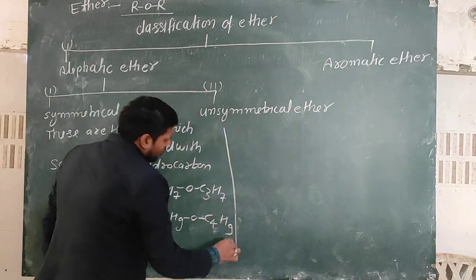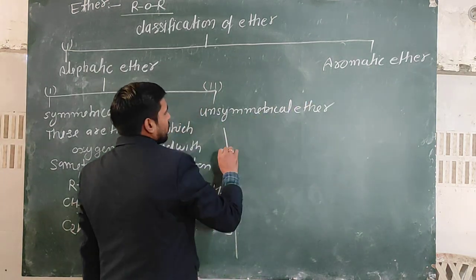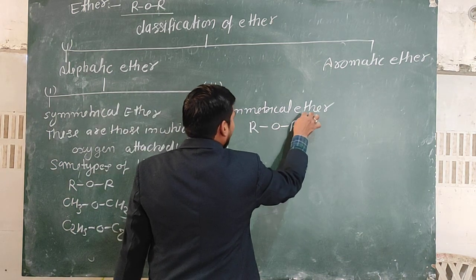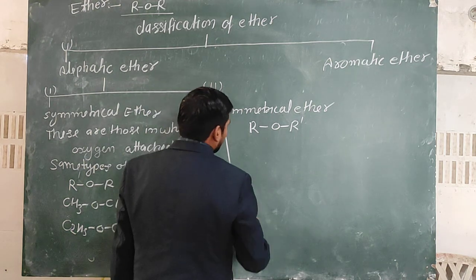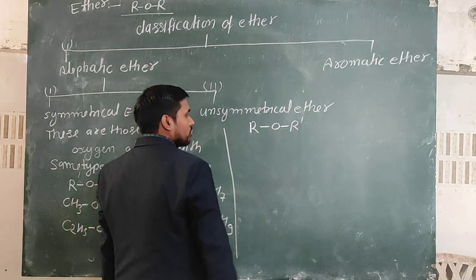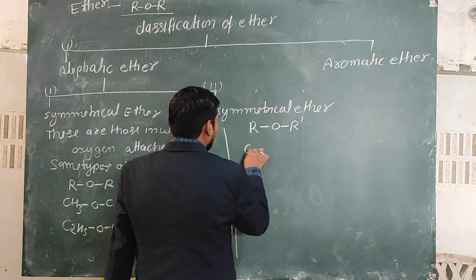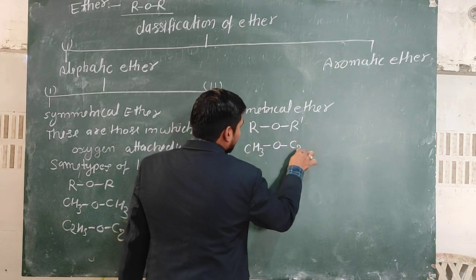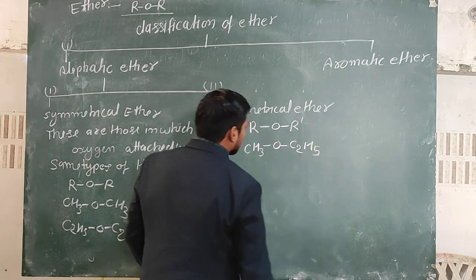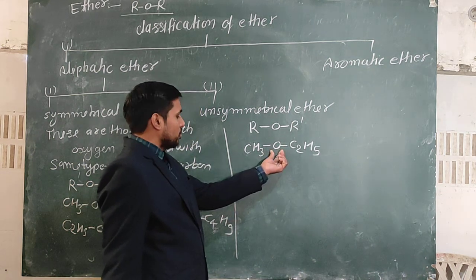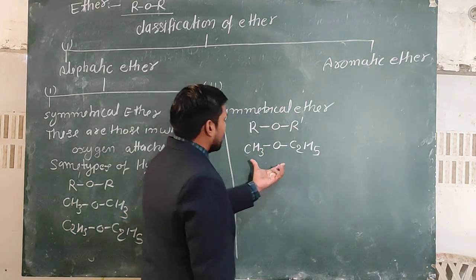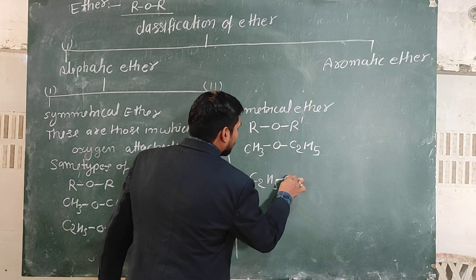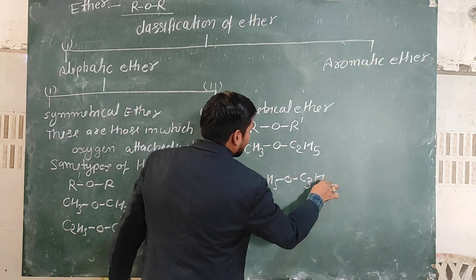But unsymmetrical or asymmetrical ethers are those in which the alkyl groups are different toward the oxygen atom, like one methyl group and one ethyl group attached with oxygen, then it is known as unsymmetrical ether, like C2H5OC3H7.